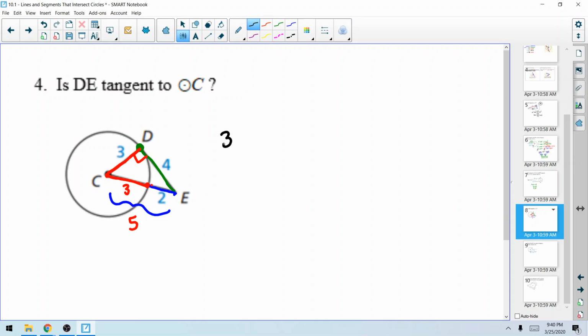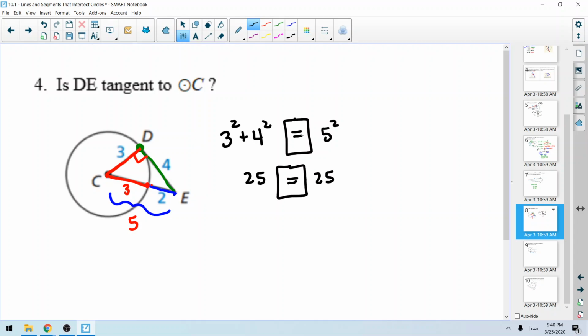If you don't, then we're going to test it out. 3 squared plus 4 squared compares to 5 squared. 9 plus 16 is 25 compared to 25. Those are in fact equal. So yes, it's a right triangle, and yes, DE is tangent to circle C.